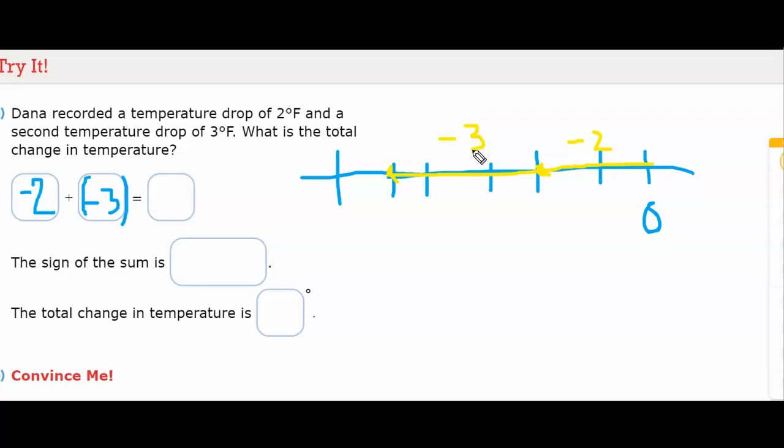Altogether, that would be 5 degrees, and it's going to be a -5. So the sign of the sum is going to be negative, and the total change in temperature would be 5 degrees.